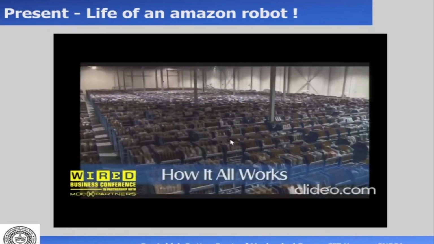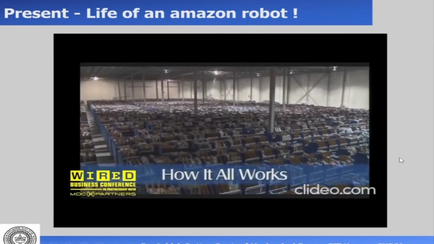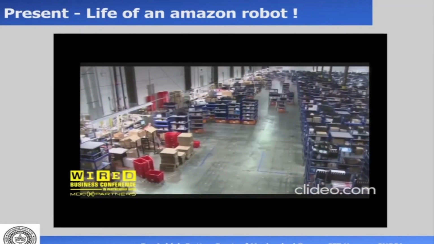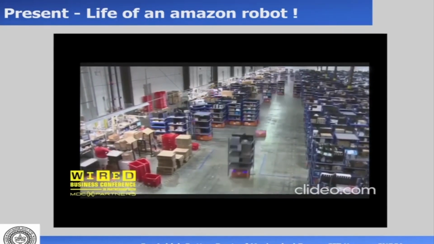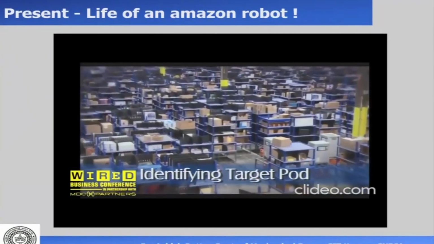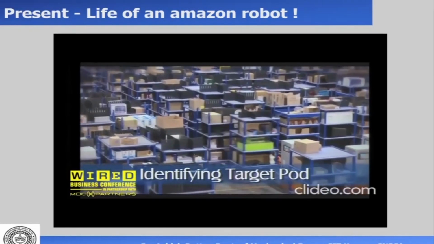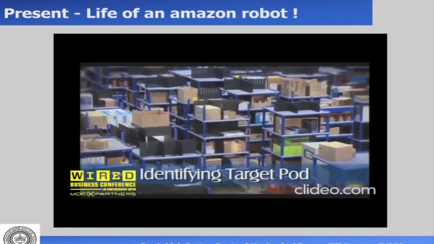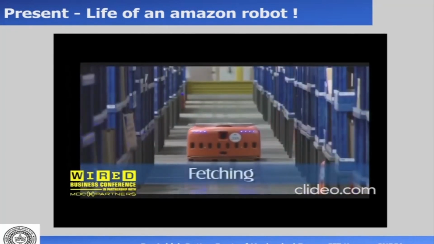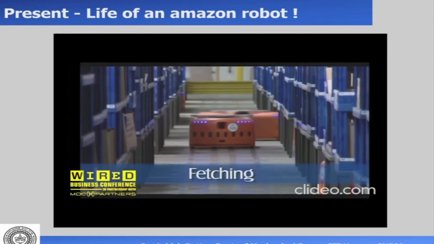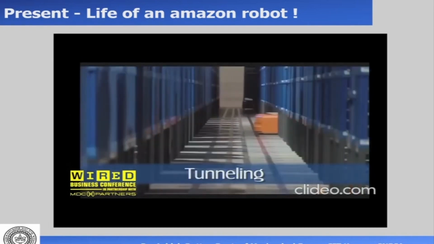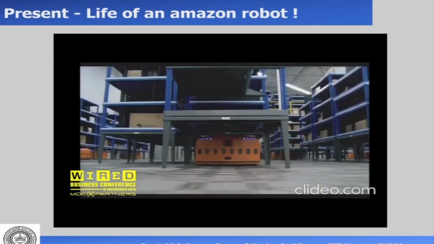This shows the inside of a warehouse, with thousands and thousands of parts placed in different locations or pods. When you purchase an item, the software sends a robot to go and get your product from its location and bring it to the delivery station, where it is packed and sent to you for delivery.